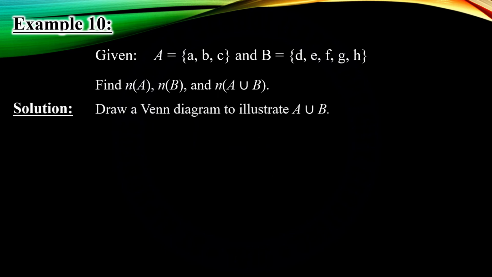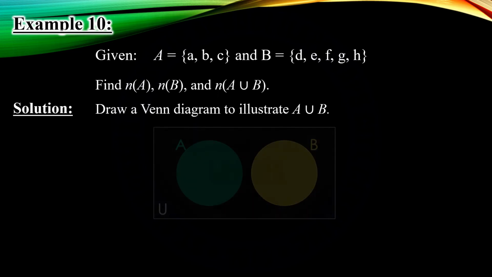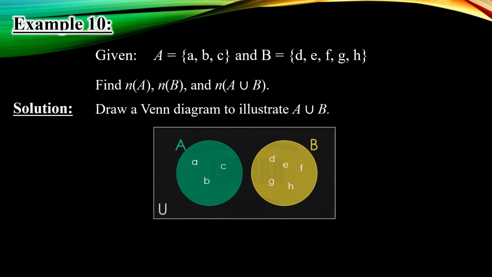We are going to draw a Venn diagram to illustrate the set A union B. Again, set A contains a, b, c, and set B contains d, e, f, g, and h. Notice that sets A and B are disjoint sets or mutually exclusive events because they don't have common outcomes.